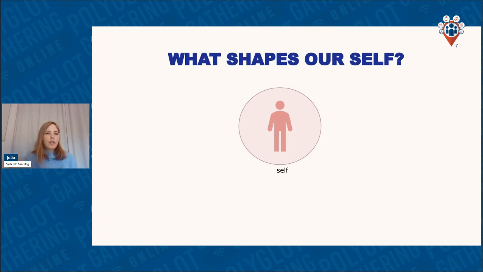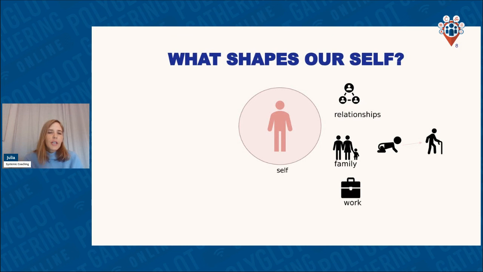So when we talk about interconnectedness, it makes sense to take a look at what actually shapes ourselves. What are we made of? If we look at it, first of all, our relationships, not just friends, but also our family relationships from the very beginning when we grow up and way into adulthood shape us, as well as our work environment, maybe when we're younger, the school environment.